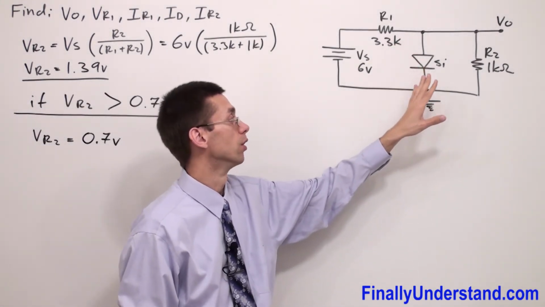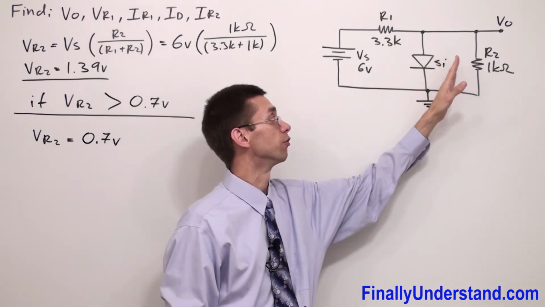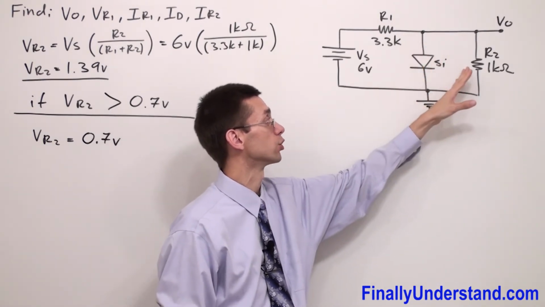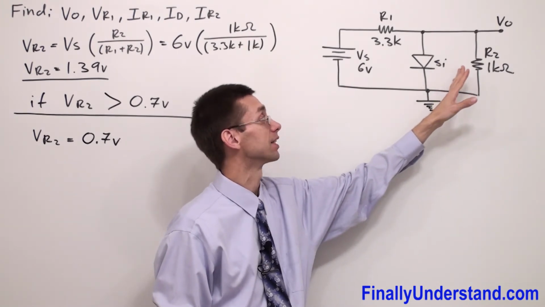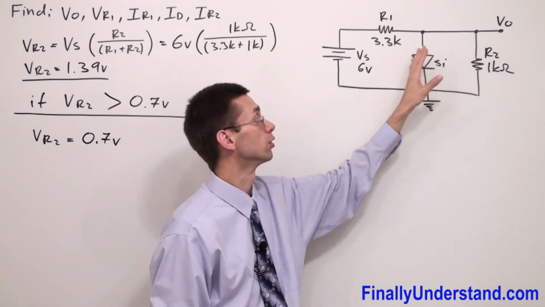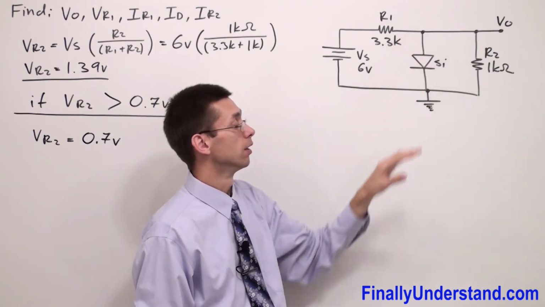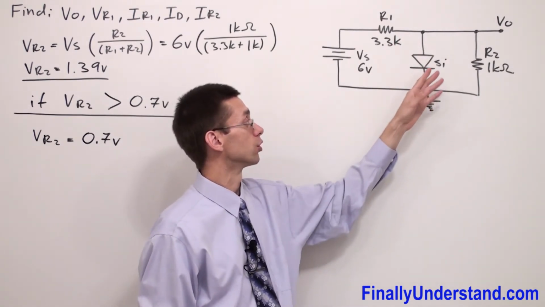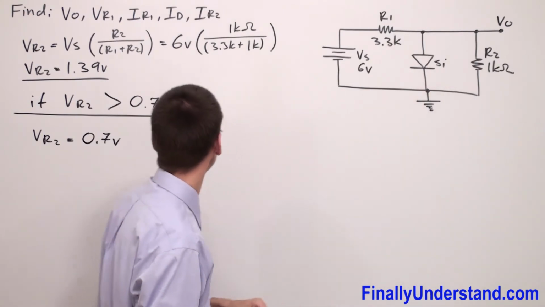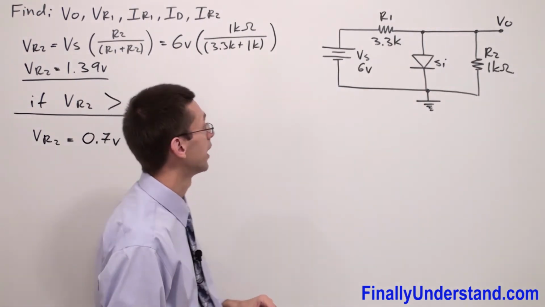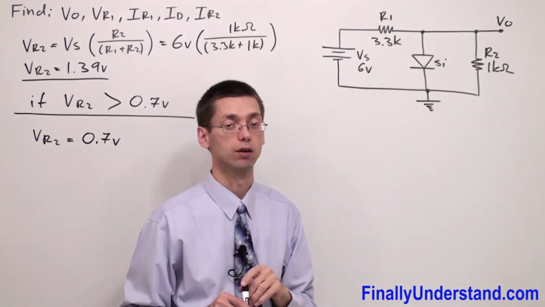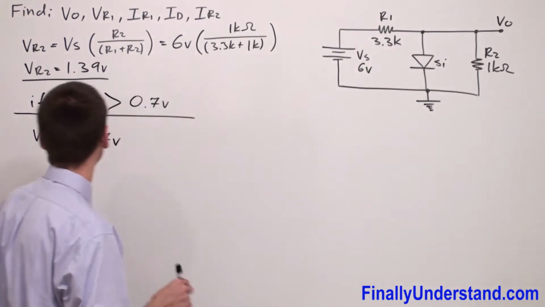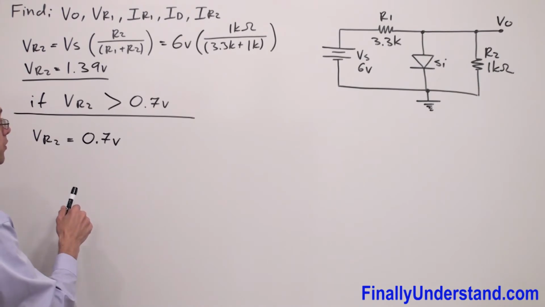We just proved that the voltage without the diode across the resistor is going to be greater than 0.7 volts. So the diode is going to turn on if you replace the diode, and the voltage is not going to be 1.39 anymore. It is going to be 0.7 because the diode is taking over. So VR2 is equal to 0.7 volts.